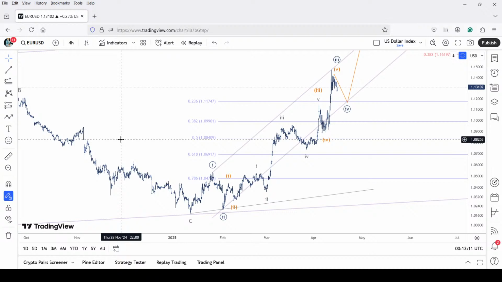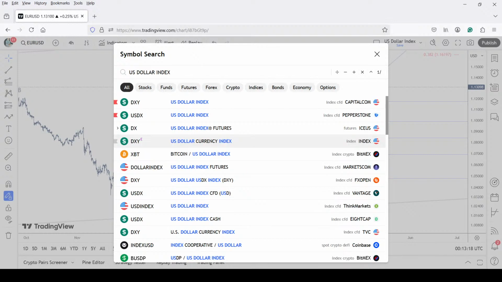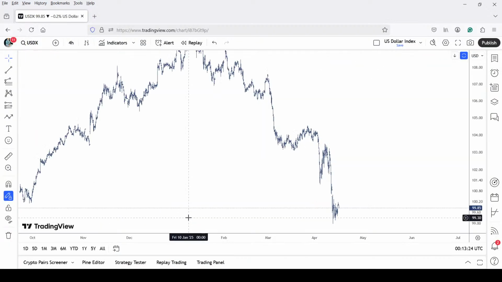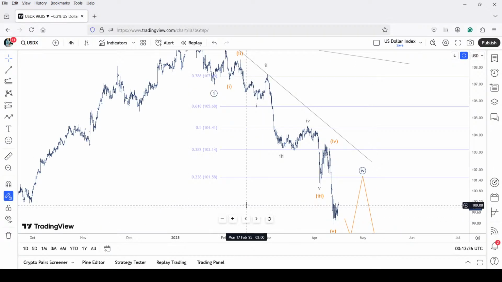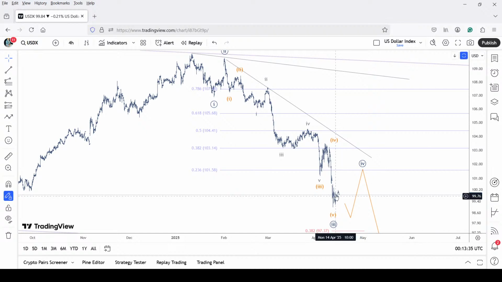Okay, so the dollar index now. Back to the dollar index. What we are doing now is taking partial shorts in the dollar index as well. Where the price action is trading right now, it could be a sub minute degree wave 4 in the making. It might have completed sub minute wave 4, possibly.